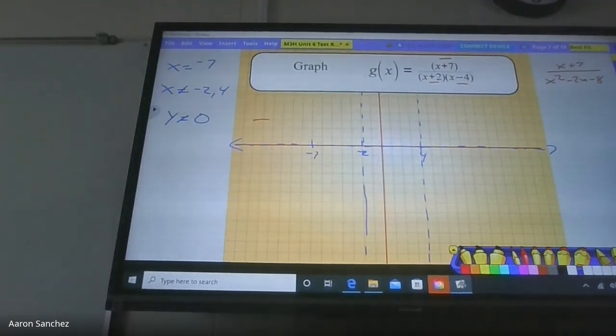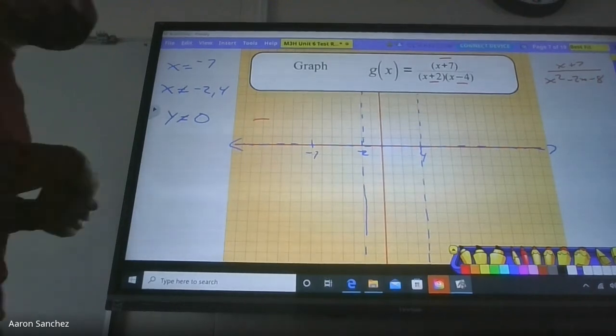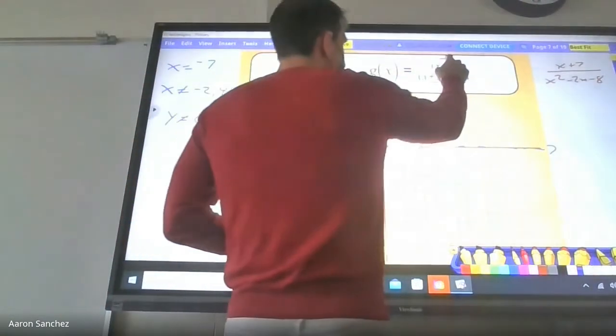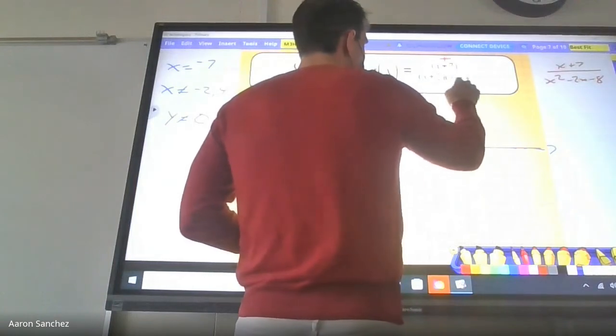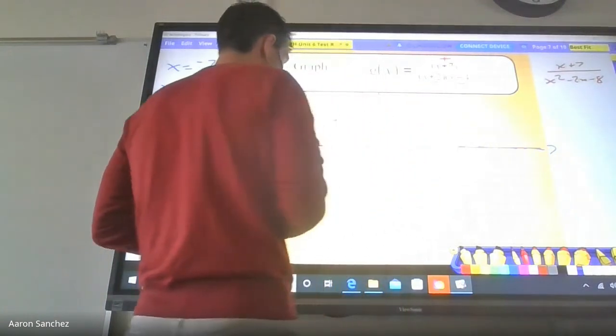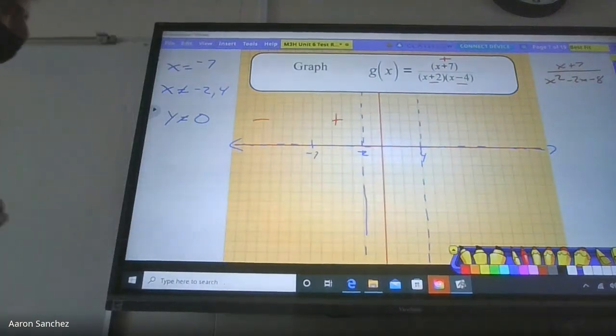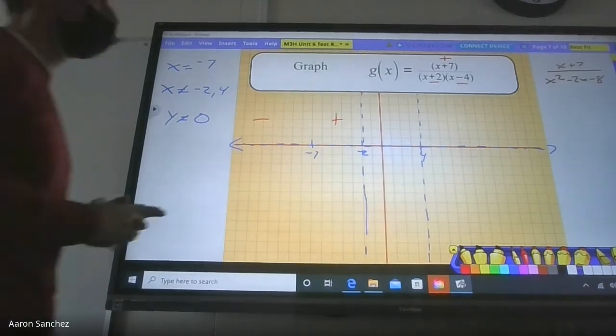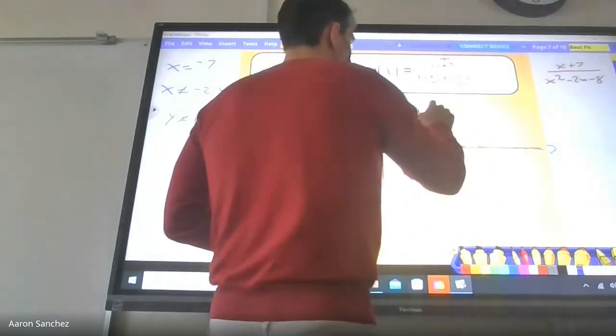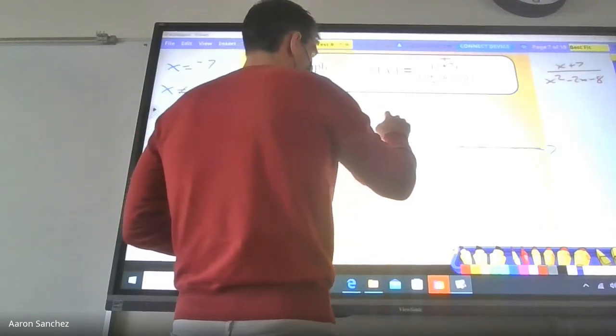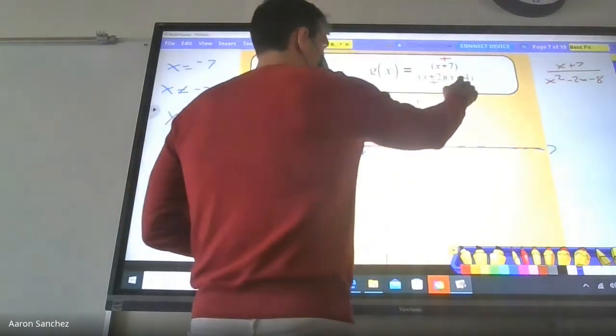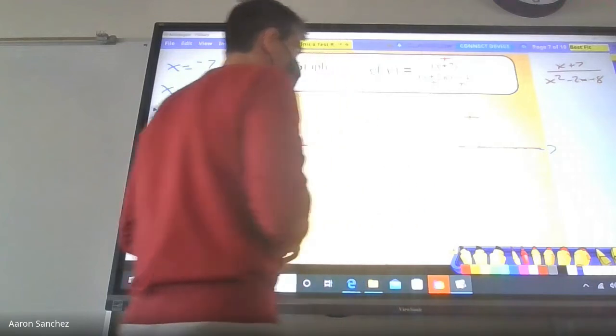Then between -7 and -2, I get a positive. Then between -2 and 4, positive, positive, negative, so I get a negative. And then everything past 4 is positive.